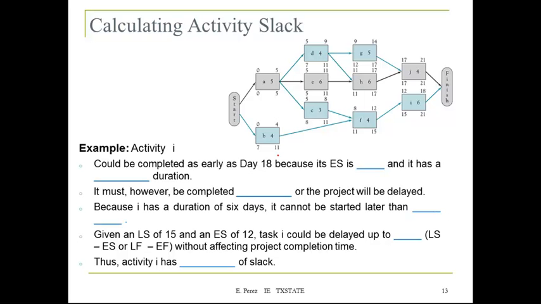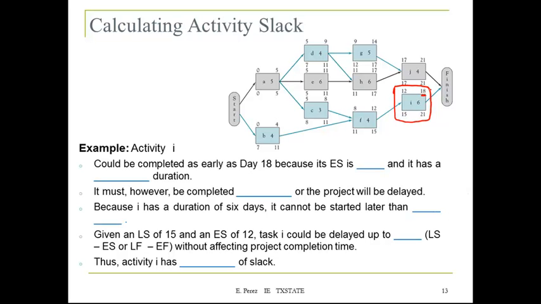So for example, let's refer back to this network, and we're going to focus on activity I. So that's the activity here. Activity I could be completed as early as day 18.